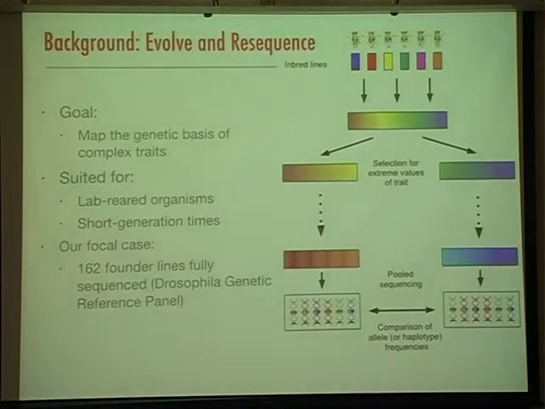But I'd say the analysis methods that we're about to show are particularly suited for looking at variants that exist in the founder lines. Okay, so these approaches are suited well for lab-reared organisms with short generation times, and they're becoming increasingly popular.